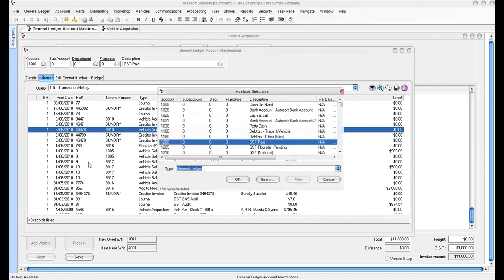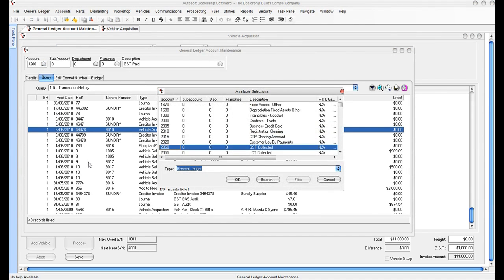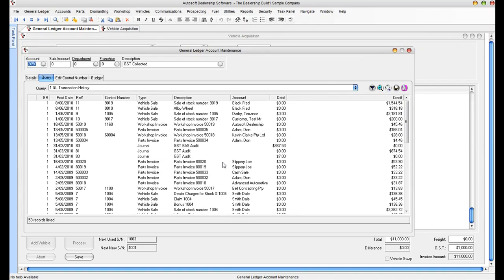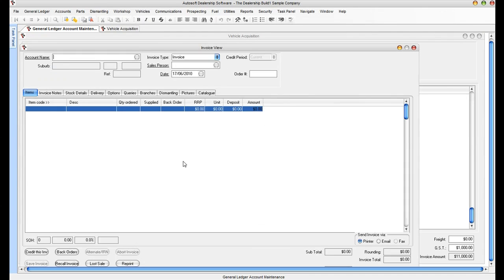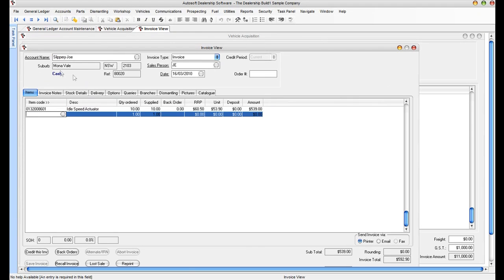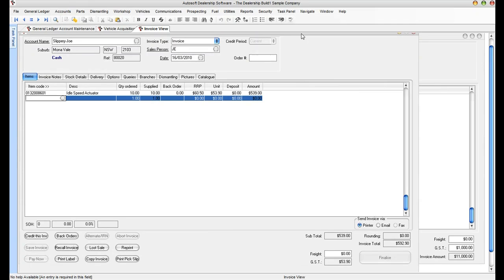Likewise, if I have a look at account 2050, the GST collected, we can see that there are many transactions, all on the credit side in this case, for things that we've sold. If we have a look at this here, we can see this transaction had GST of $53.90 in the transaction, which totaled $592.90.